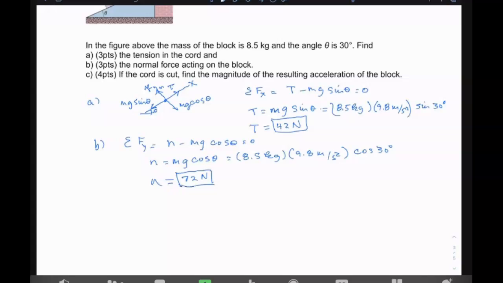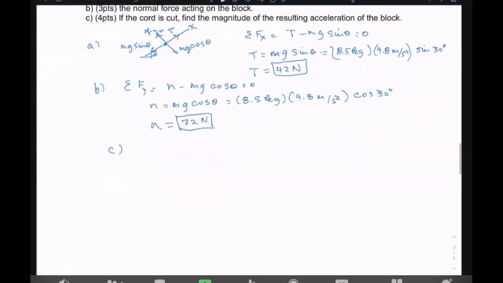Part C, if we cut the cord, then the tension force goes to 0. And so if we then apply Newton's second law to the body in the x direction, the sum of the forces in the x direction is just equal to minus mg sine theta. And now, since this is a net force, this is equal to m times a.